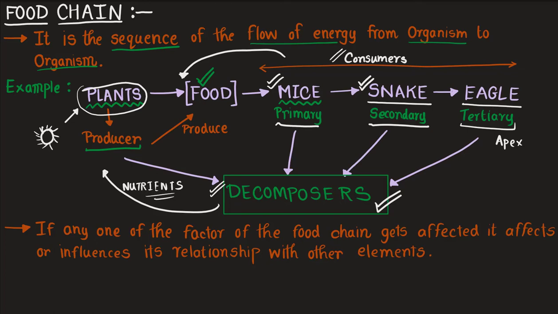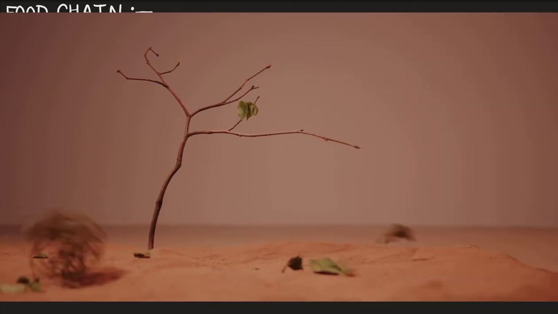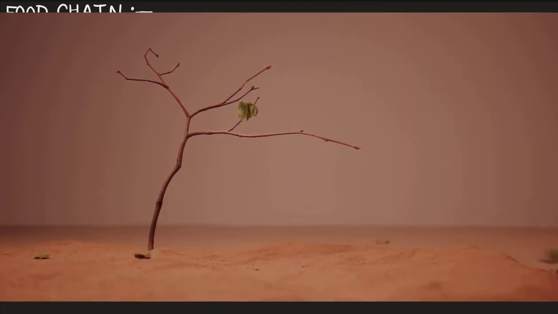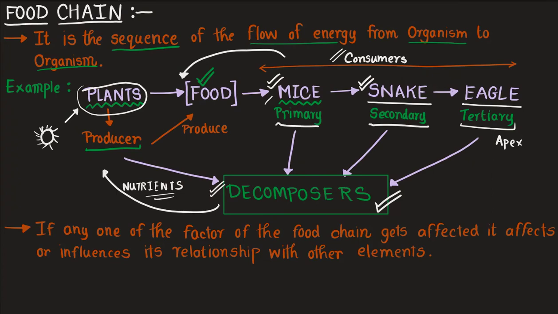There is another important factor: if any one of the elements of the food chain gets affected, it influences its relationship with the other elements. For example, if there is a huge drought, which is a disaster and shouldn't happen, it affects the population of mice, because mice eat plants or food.